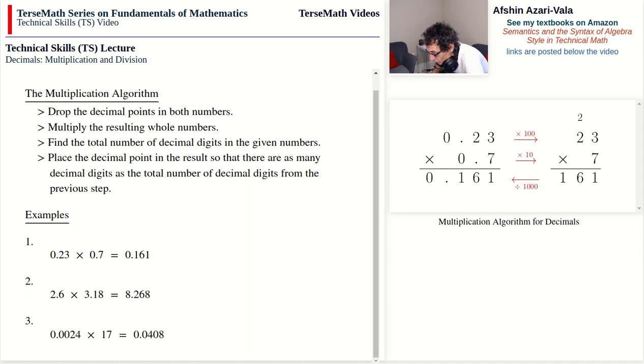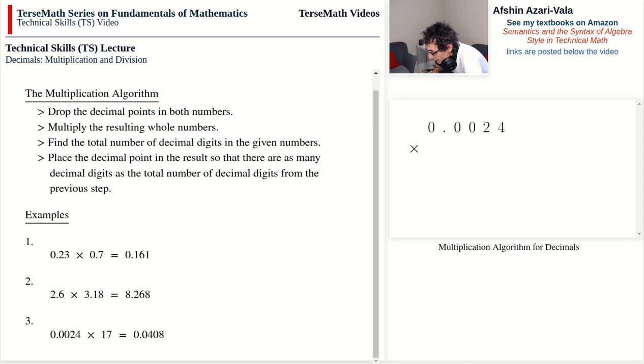Next, we have 0.0024 times 17, which comes to 0.0408. Let's see how. In this case, we begin by dropping the decimal points, and so we end up with 24 times 17. And then we multiply 7 by 4 to get 28. 7 times 2 is 14, plus 2, 16.